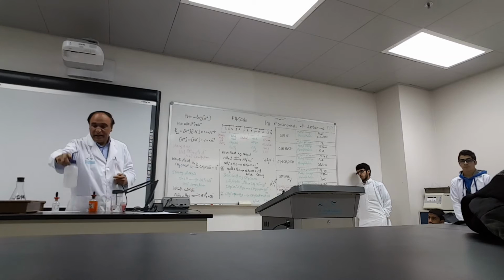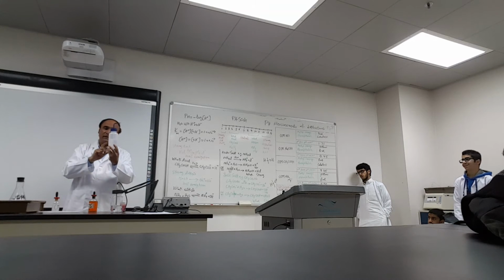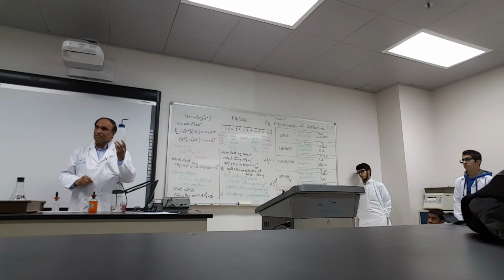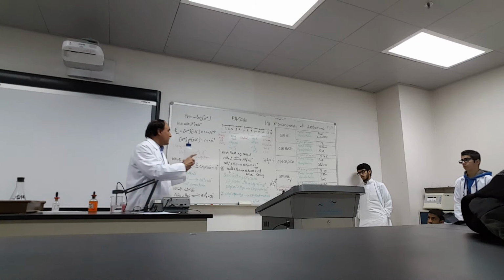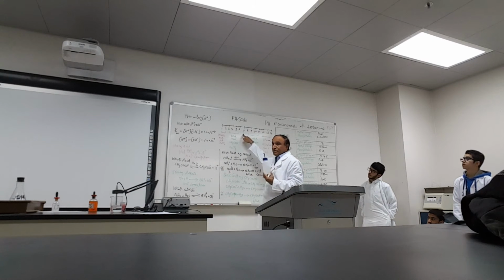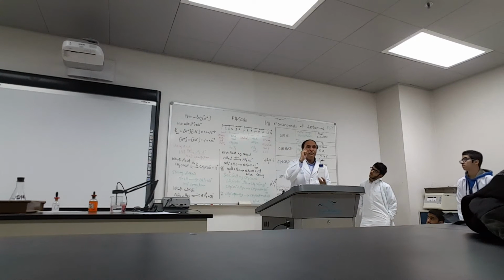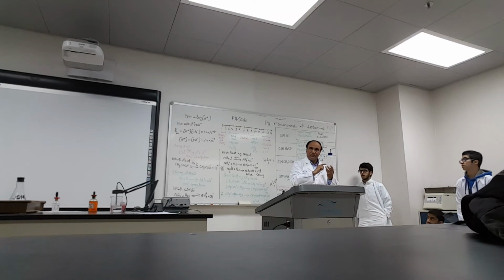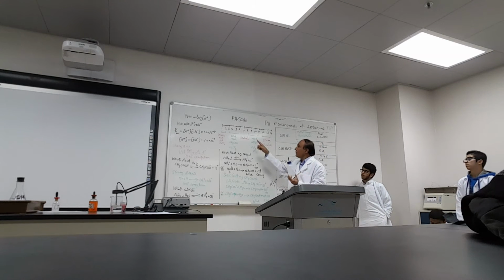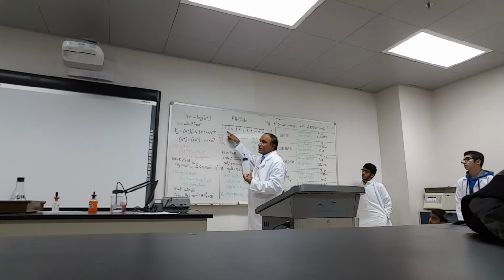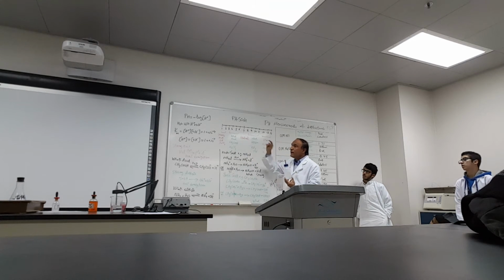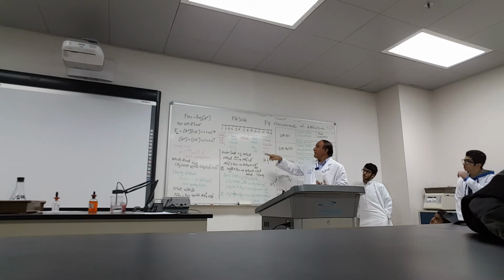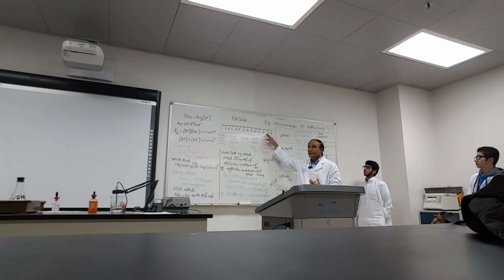Now I give you an example. Here is pure distilled water. What is the pH? 7. If I add only 1 drop of acid, 1 drop HCl, it will go from 7 to 2 or 3. So big a change. And if I put only 1 drop of base, sodium hydroxide, it will go to 12 or 13.